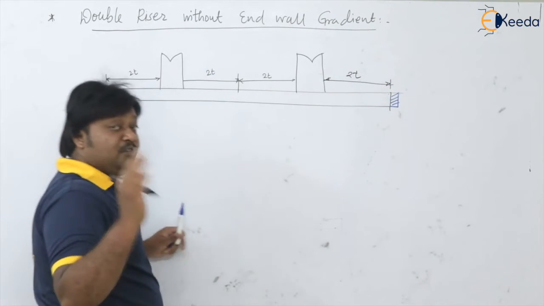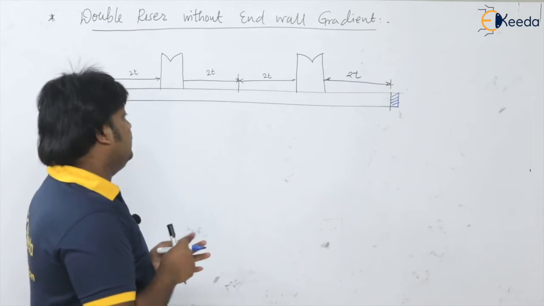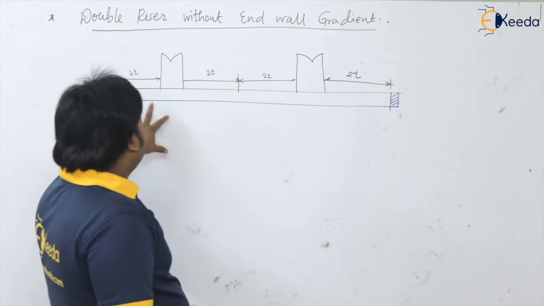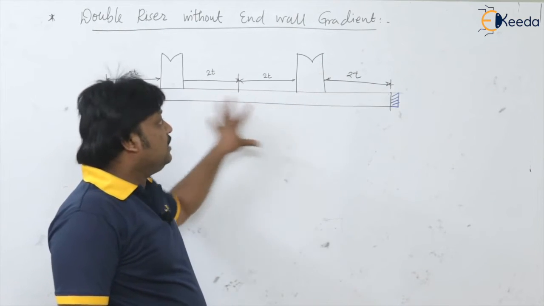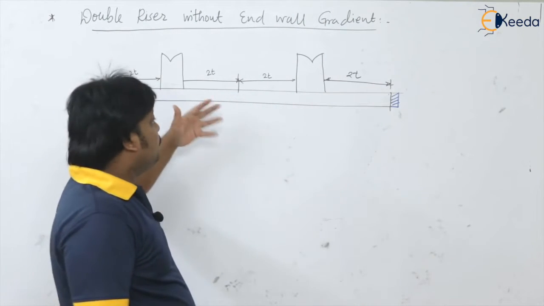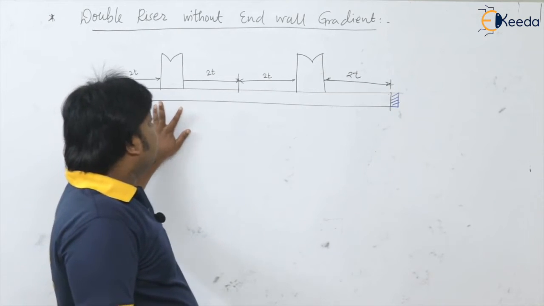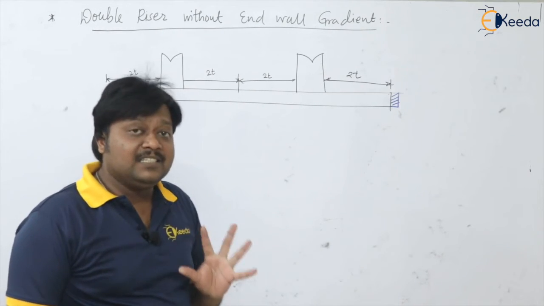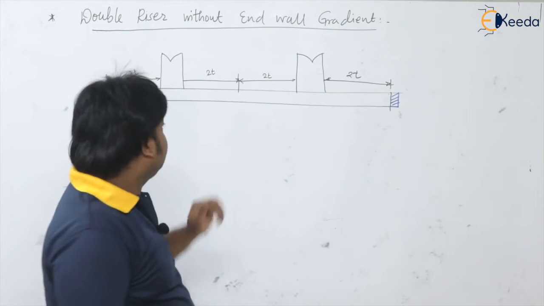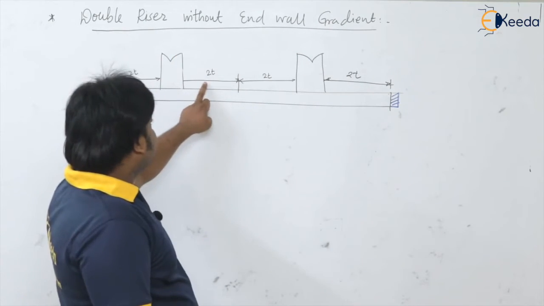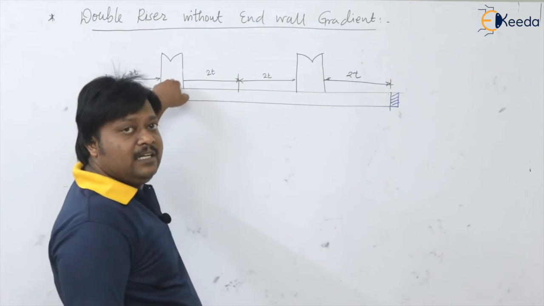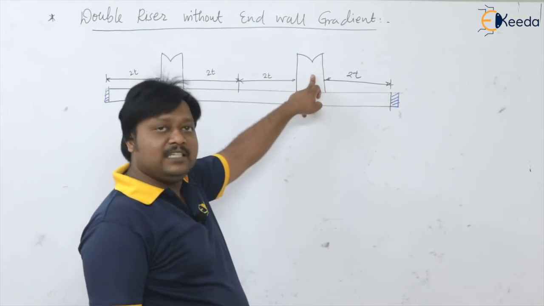In one of the competitive exams, the question they ask is that when we are using two risers, or double risers, in this plate or disc shaped casting, the minimum distance between two risers is equal to how much? This 2T is for this riser gradient and this 2T for this riser gradient.